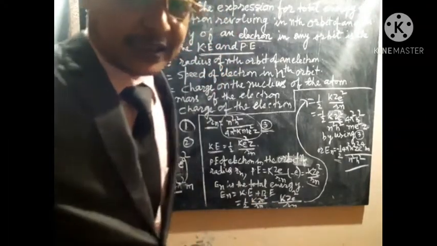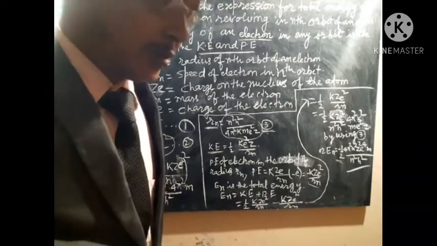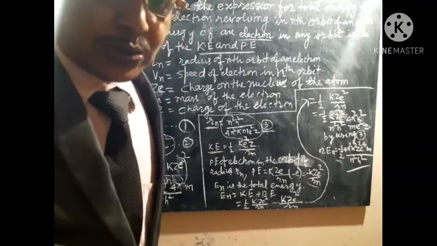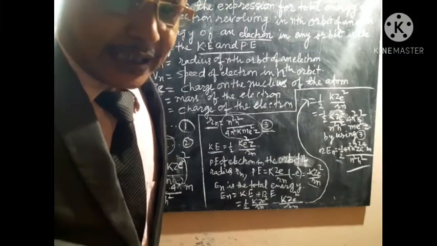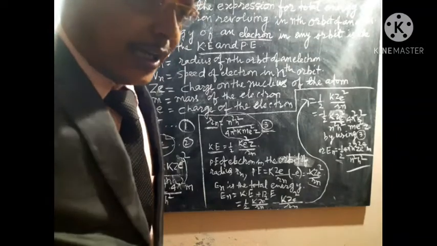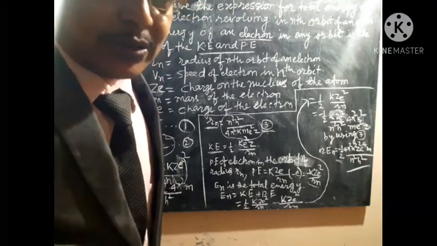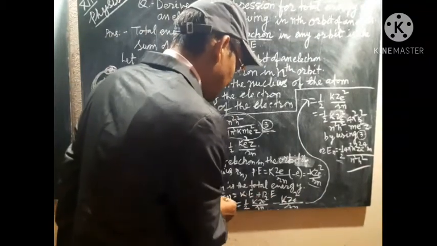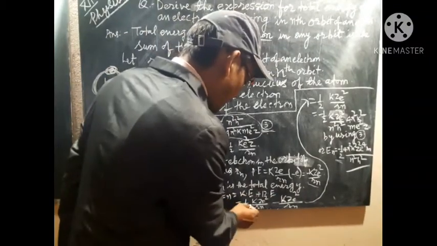I have already discussed this. If you want to get total energy, you should get kinetic energy as well as potential energy, and if you add them, you get the total energy. So kinetic energy plus potential energy gives En.